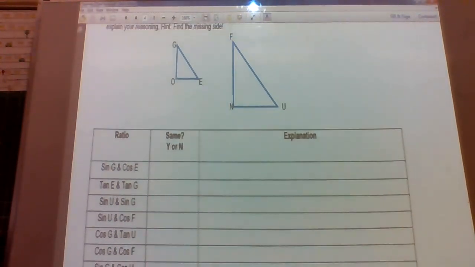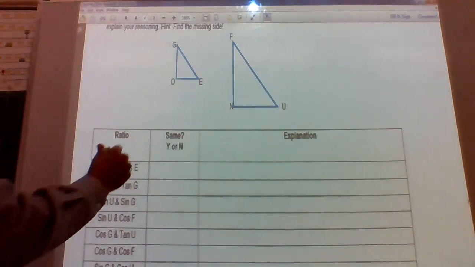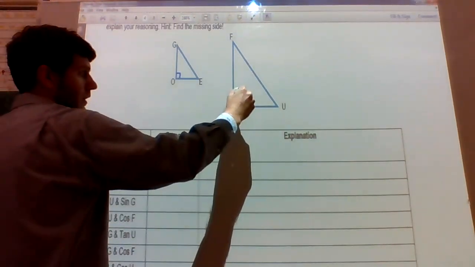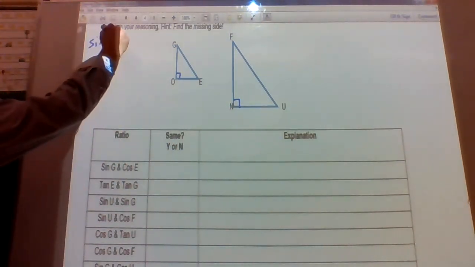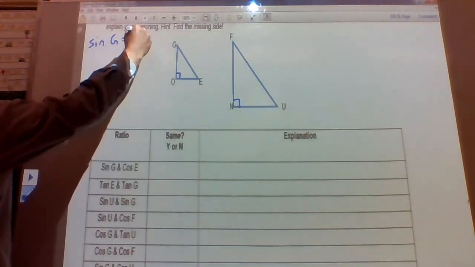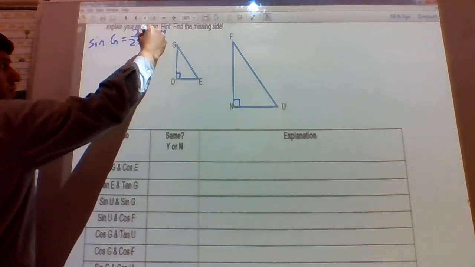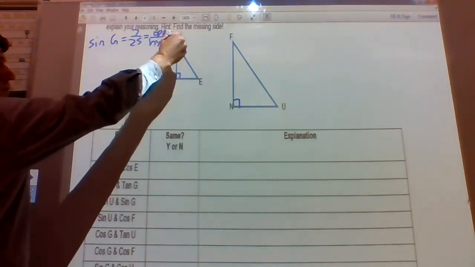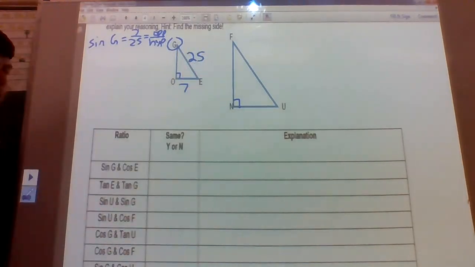And sine of g is 7 over 25. So these are right angles. Okay, we know sine is opposite over hypotenuse. So here's g, opposite is 7, hypotenuse is 25.